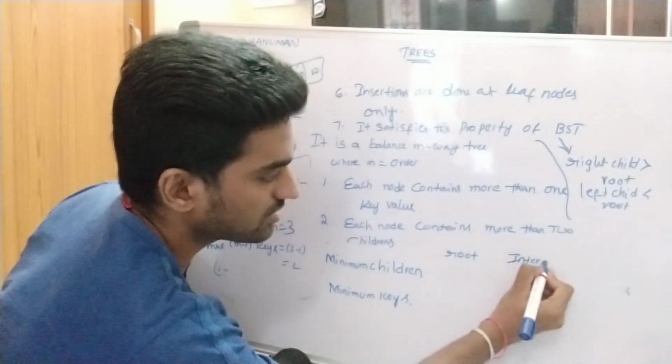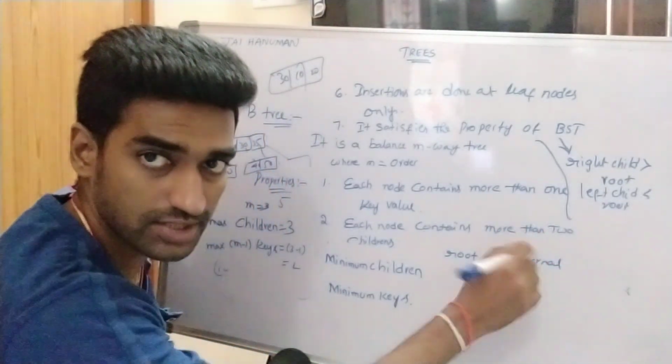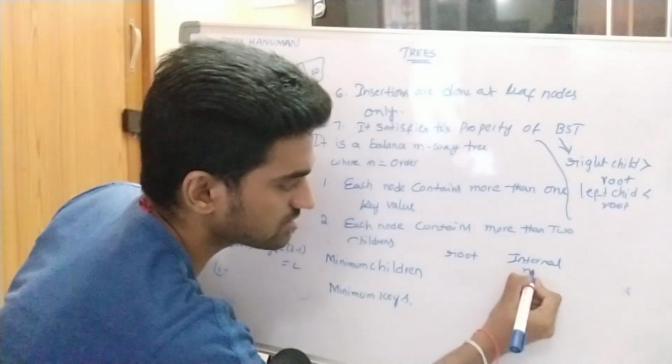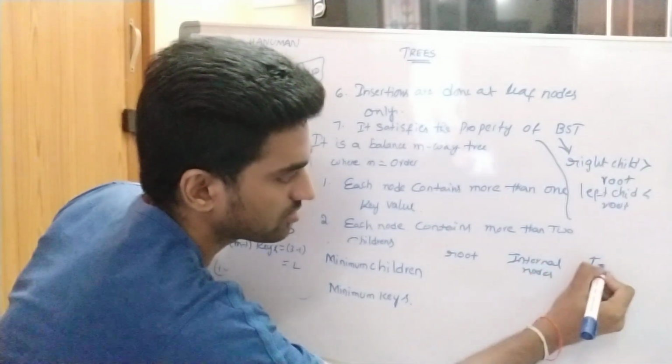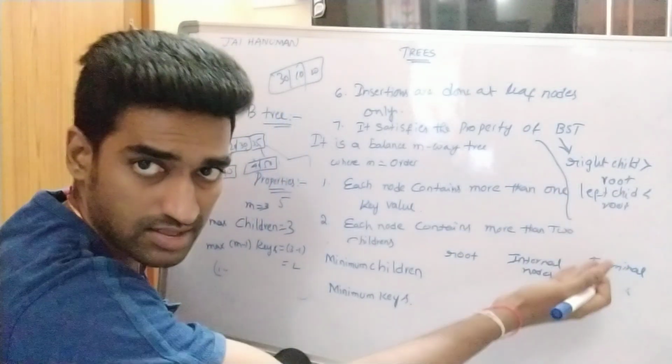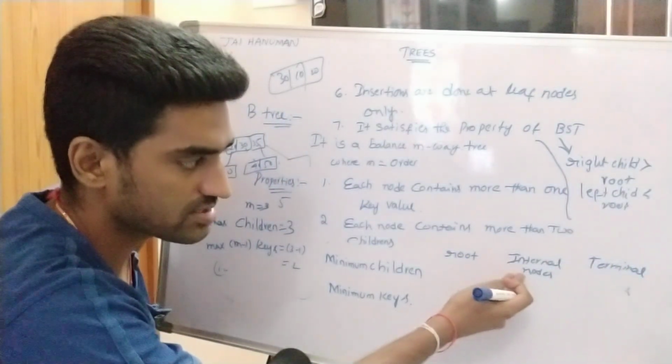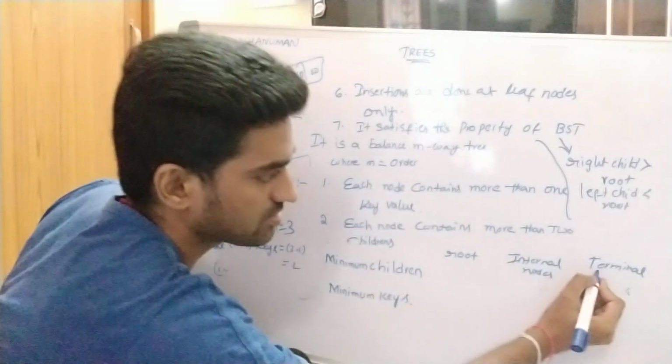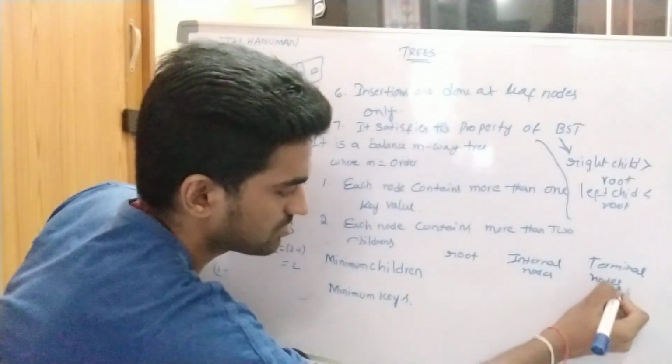Internal nodes are nothing but non-leaf nodes. Terminal nodes are leaf nodes, a node which does not contain any children. A node which contains children is called an internal node.